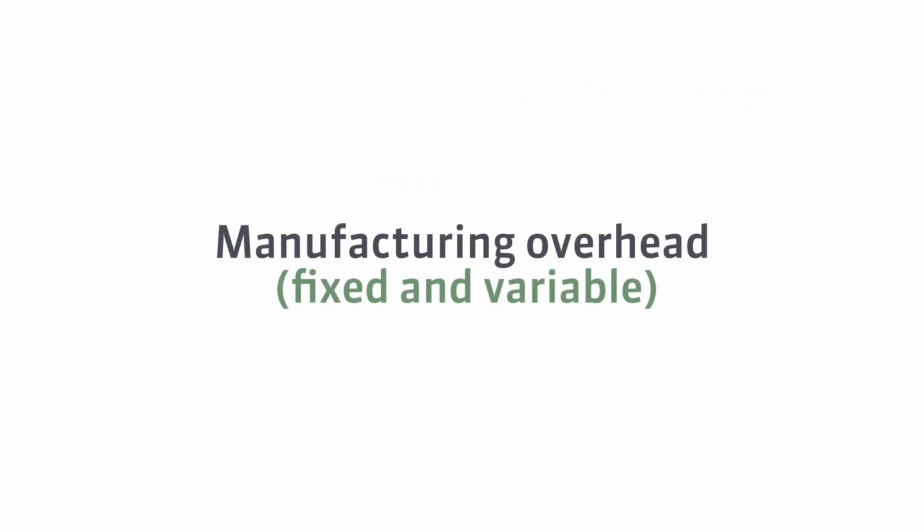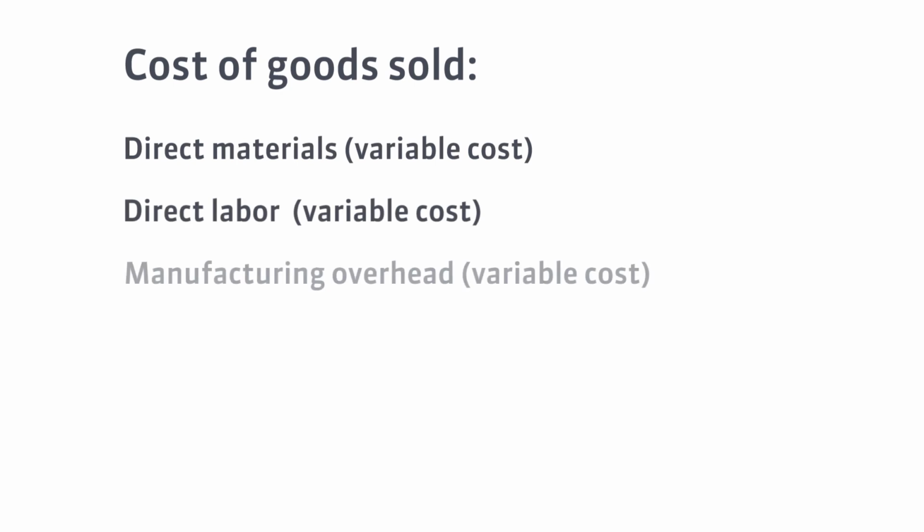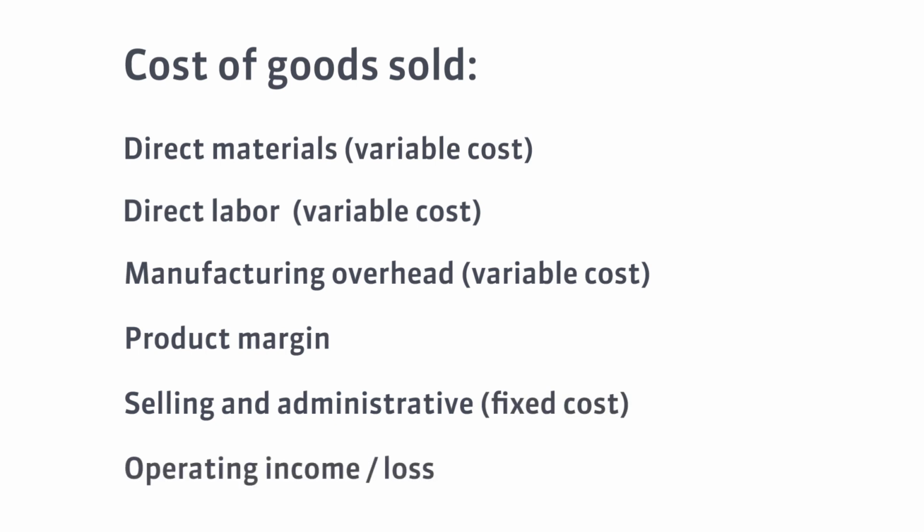In fact, manufacturing overhead is partly a fixed cost and partly a variable cost. Remember that. Selling and administrative costs were not assigned to products. For this reason, they were considered as fixed costs. What will change in the ABC method is the manufacturing overhead and costs treated as fixed.